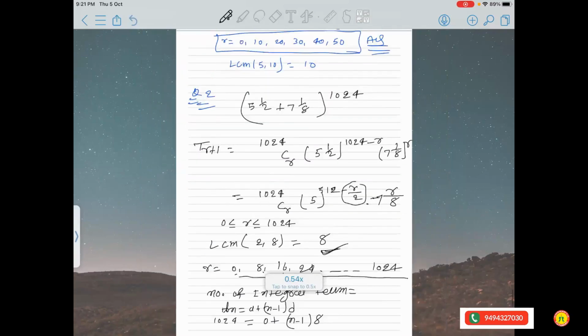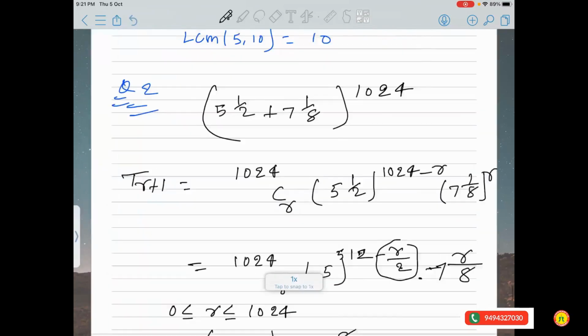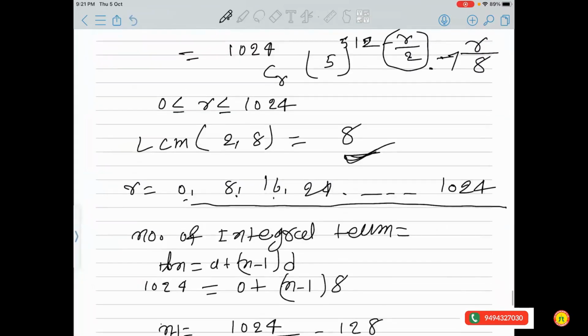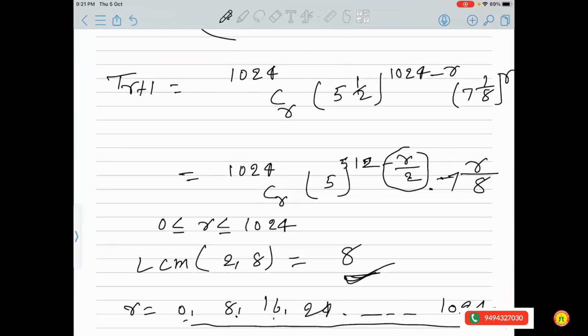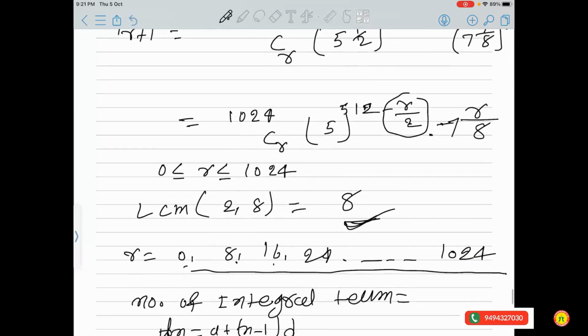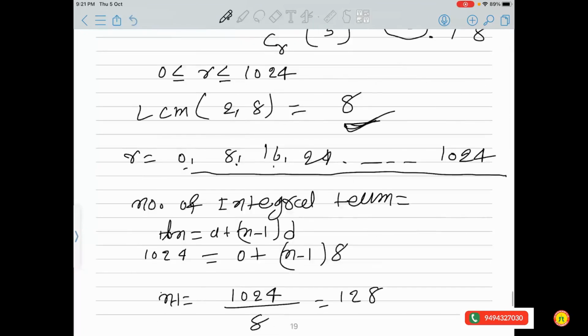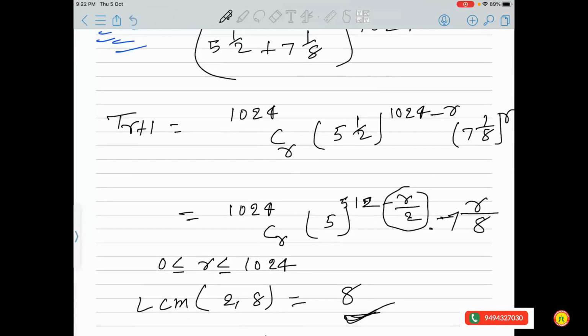It means if you put r equal to 0, it becomes 5 power 1024 and 7 power 0 by 8, right? So it gives an integral coefficient. And if we put r equal to 8, it becomes an integral coefficient, right?